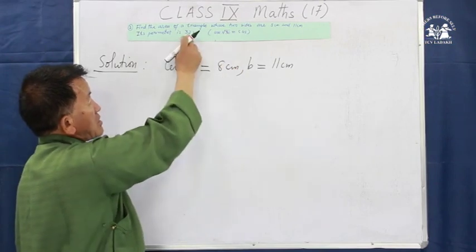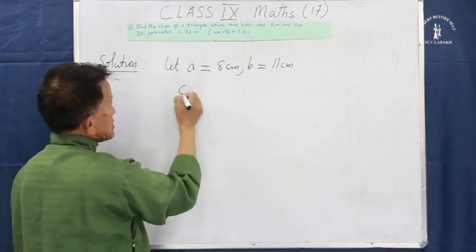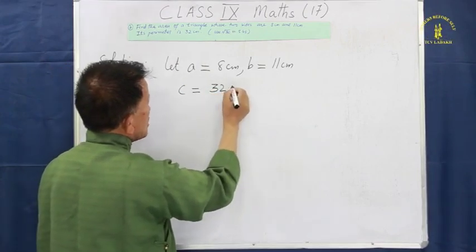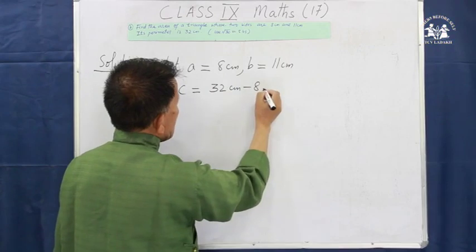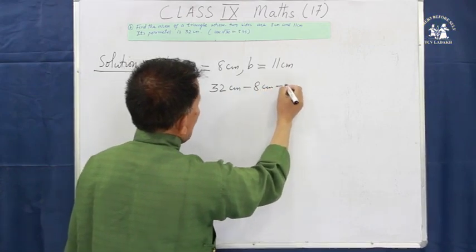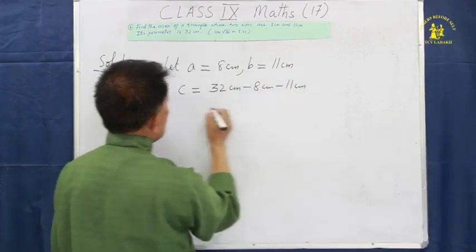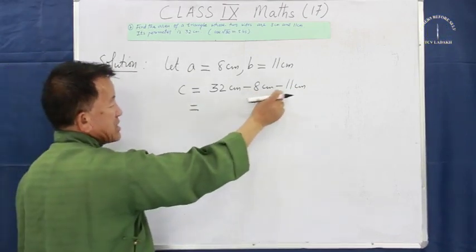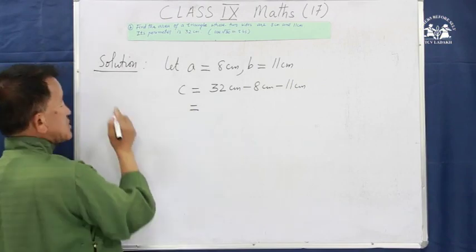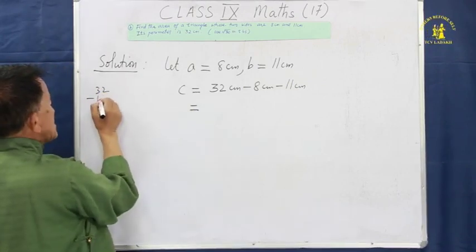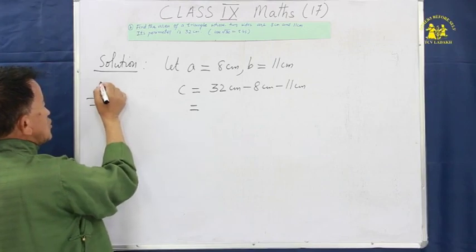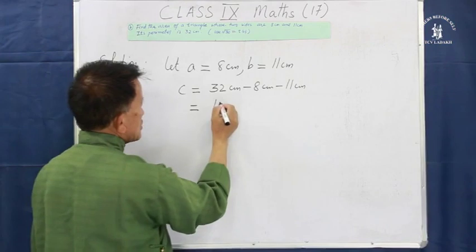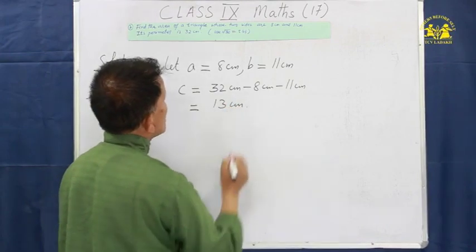So 32, now C. So C is equal to perimeter 32 centimeter minus 8 centimeter minus 11 centimeter. So 8 and 11 is 19, 32 minus 19. So 12 minus 9 is 3, so 13. So C is 13 centimeter.